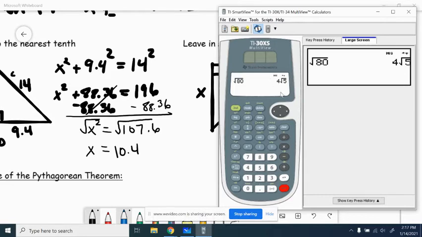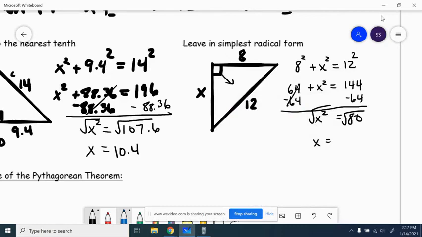Now, if you are looking for the decimal equivalent and you are given the simplest radical form, you can always get the decimal equivalent by hitting these double arrow keys right here. If you want to go back, you can get back to 4 times the square root of 5 by hitting it again. But we want this answer in simplest radical form, so I'm going to keep 4 times the square root of 5.